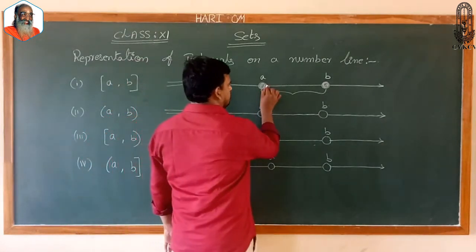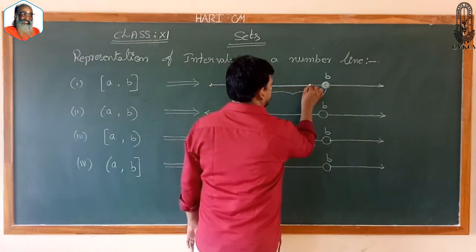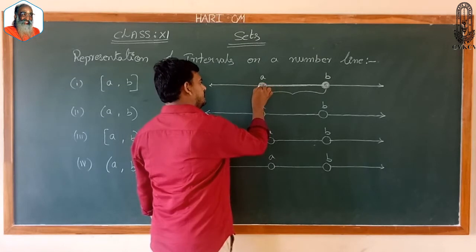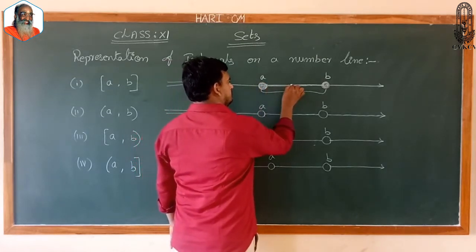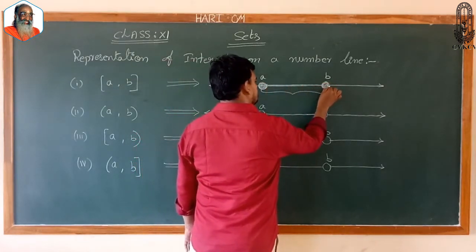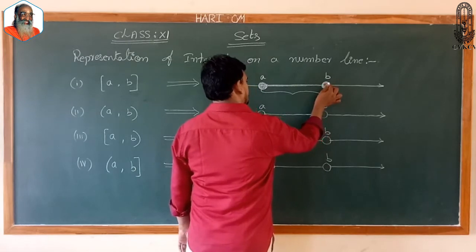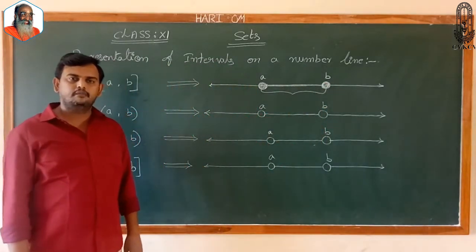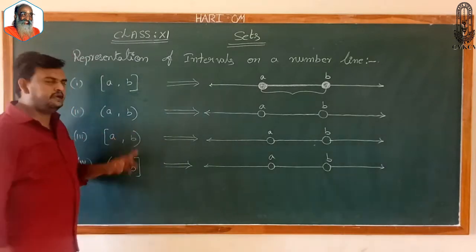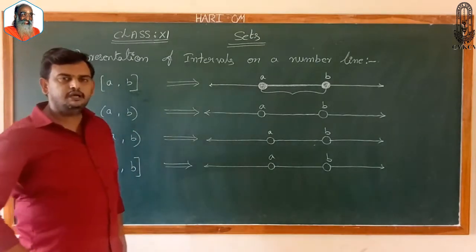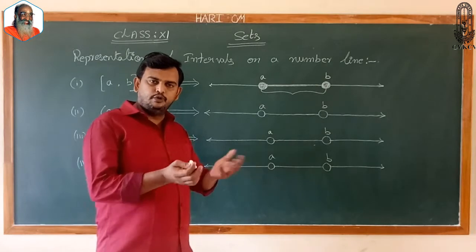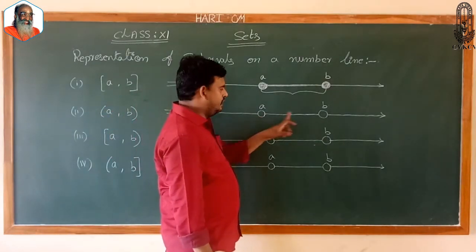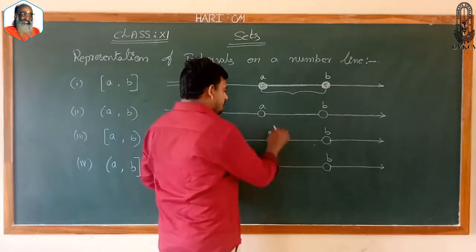So this is nothing but closed interval a comma b. This entire region we are considering as closed interval a comma b. Whereas open interval a comma b means excluding the boundaries, meaning we are not considering a and we are not considering b.